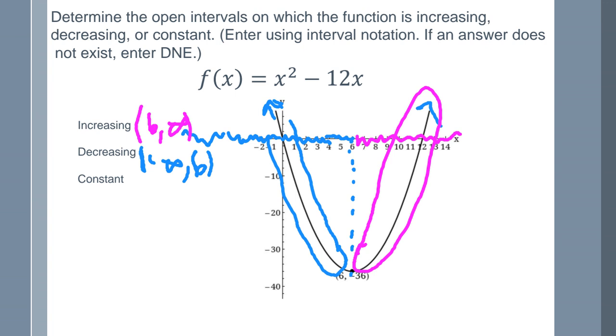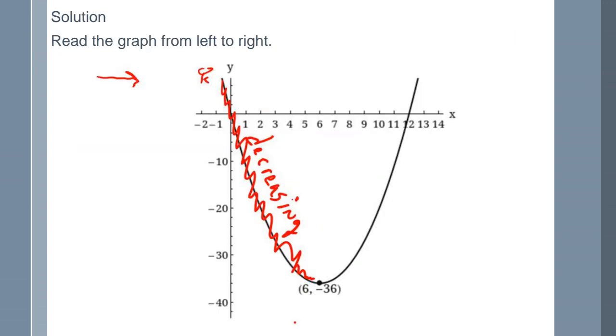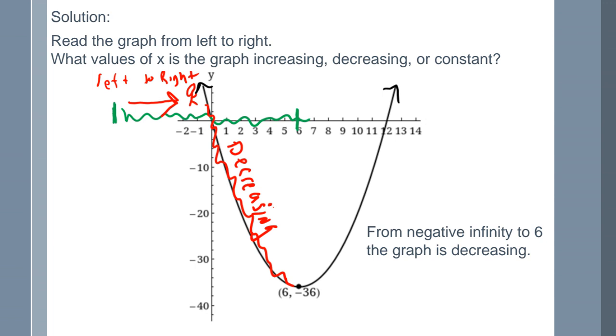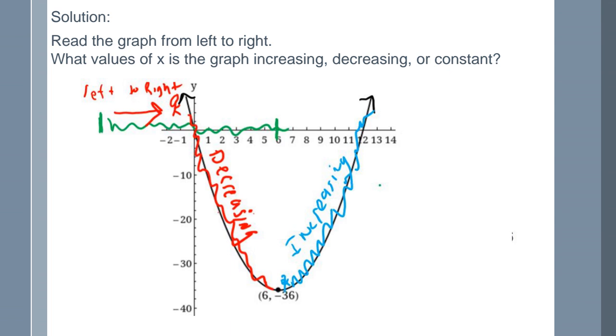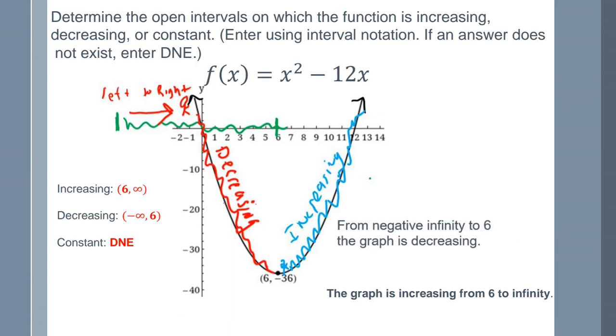We always use parentheses because we are only identifying the intervals. This area is decreasing, from left to right, and then we have the increasing part. So we can write it as -infinity to 6 decreasing, 6 to infinity increasing, and the constant does not exist.